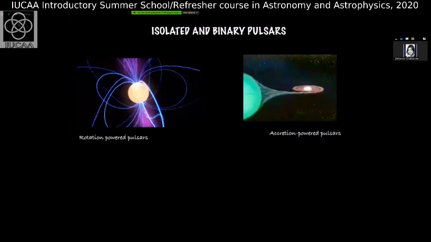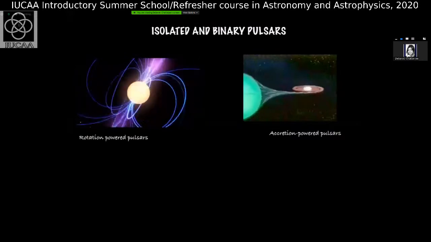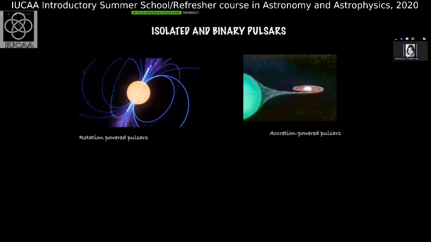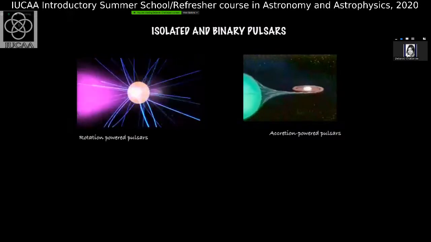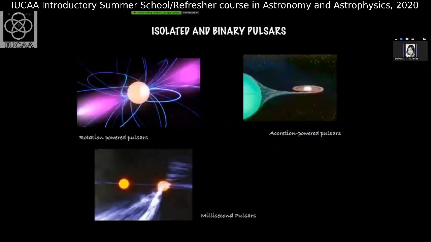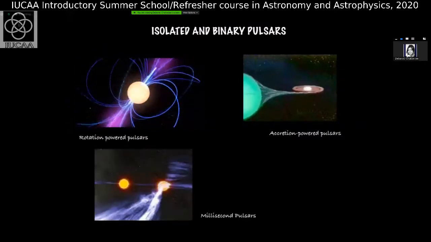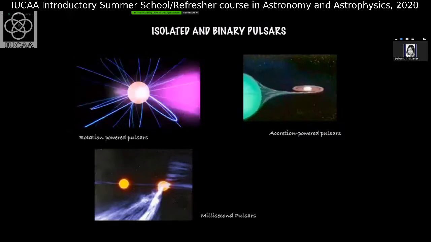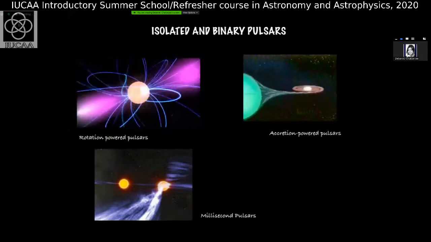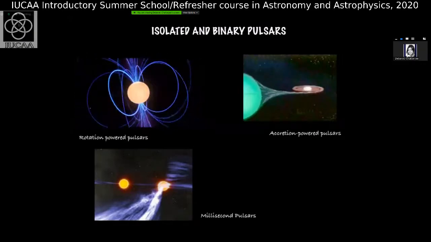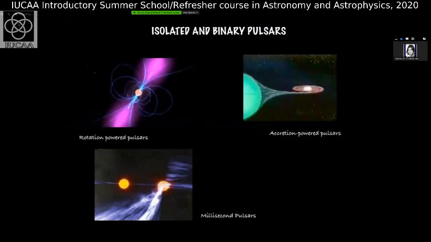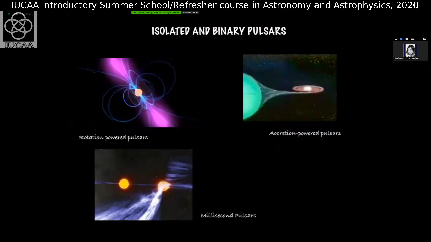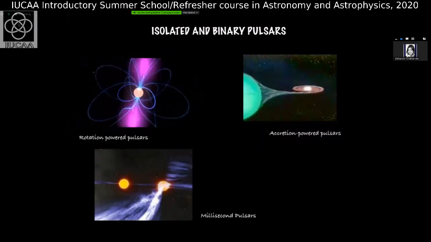Such accretion-powered pulsars often emit X-rays. Further, when the accretion stops, the pulsar can spin up because of the accretion of material onto it, which weakens its magnetic field, and these are also called millisecond pulsars. So millisecond pulsars also form a subset of rotation-powered pulsars.